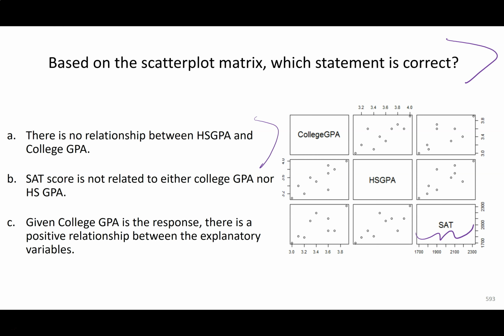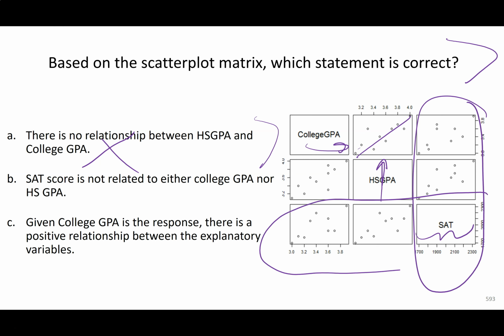So A says there's no relationship between high school GPA and college GPA. So looking here, I want to look at this scatter plot. It looks like there's actually a very, very linear relationship. I would argue that A is not true. B says SAT score is not related to either college GPA nor high school GPA. So it's saying look at this column or this row.